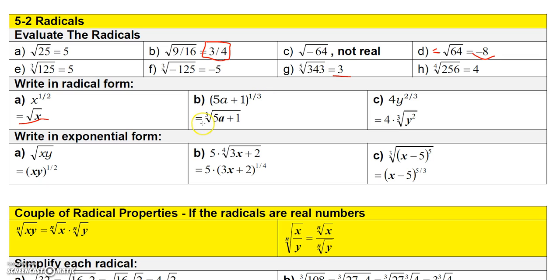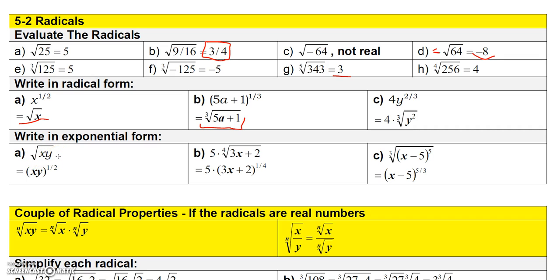So this would be cube root of the expression 5a plus 1. And then here we have 4 times y to the 2/3. Now be careful here. The 4 is not raised to the 2/3, only the y. So we leave the 4 out here, and then y to the 2/3 would be the cube root of y squared.